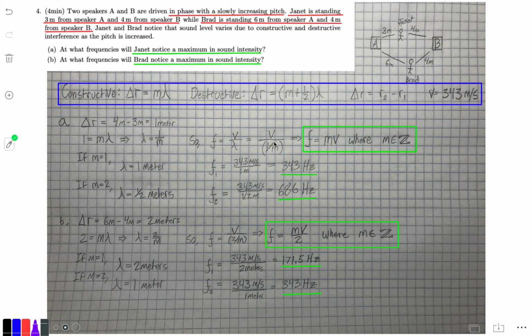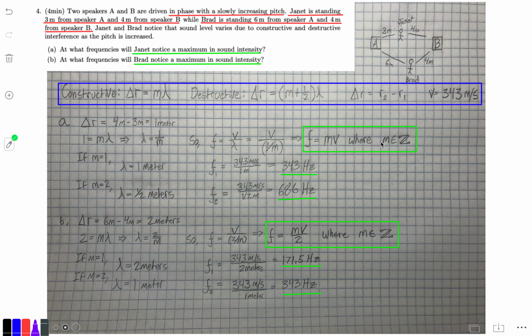And if we simplify, we end up getting that frequency equals the mode times velocity, for all values of m in this set right here. This signifies all positive integers.